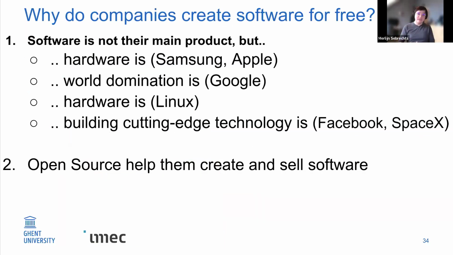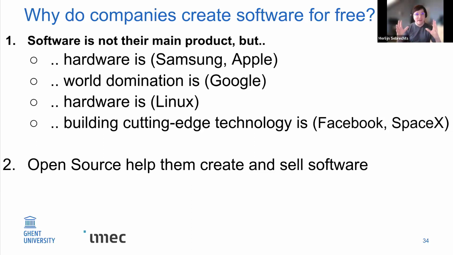So in summary, one of the reasons why companies create software for free is because software is not their main product, but hardware is. For example, Samsung and Apple create open source software because they want to sell hardware. Or because world domination is the goal.